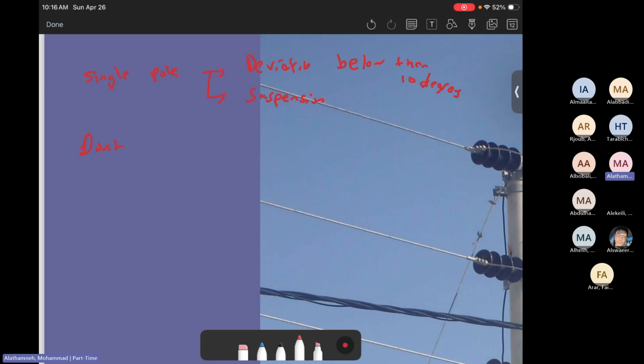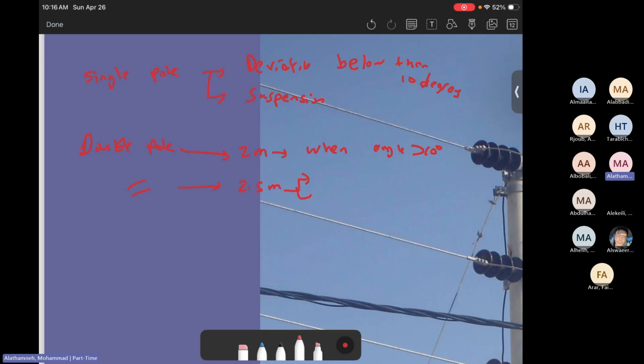A double pole with 2 meters is used when the angle is larger than 10 degrees. How about the double pole with 2.5 meters?